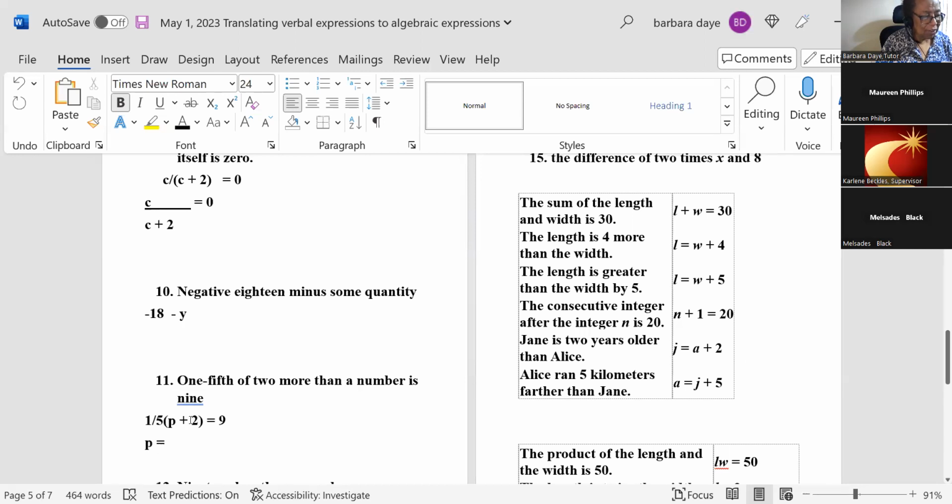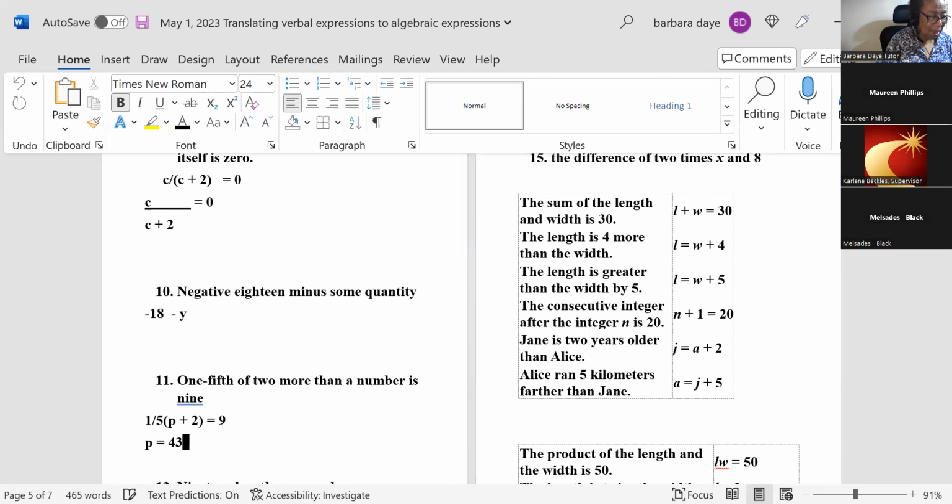But you already have a 2 there. So Maureen, what is P? No, this should be 45. But you have 2 already. What number do you add to 2 to get 45? 43. P is 43, yes.